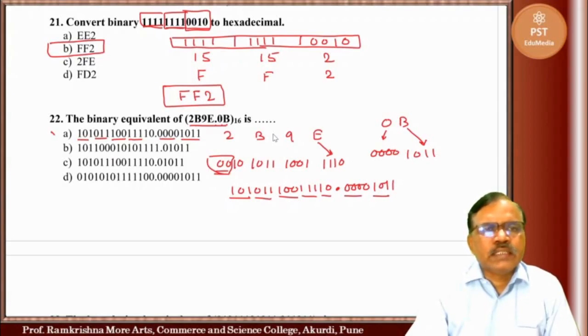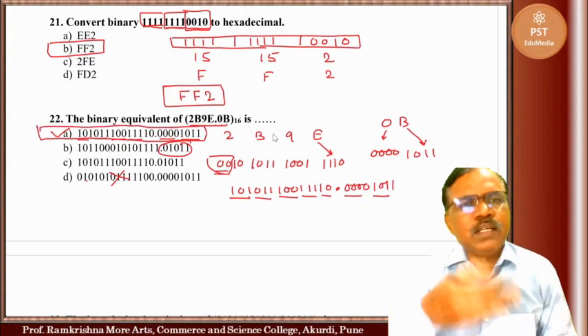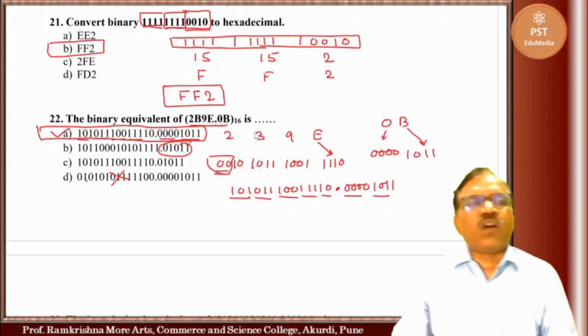So this first one is correct. If we see the decimal, this is not correct, while this is also not correct. So you have to see carefully. If you do not see carefully, you may get confused and you may get the wrong answer.